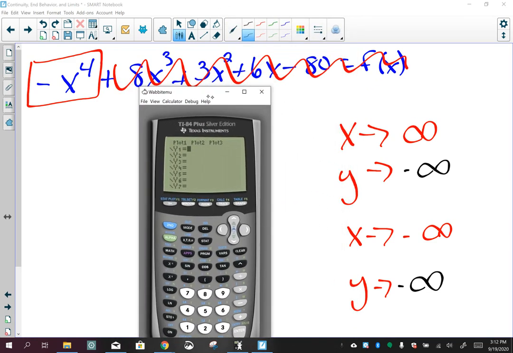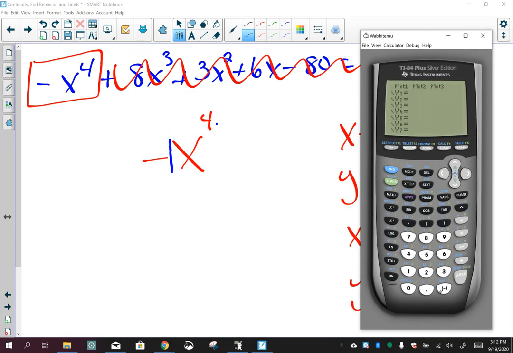So we have negative x to the fourth plus 8x to the third plus 3x squared plus 6x minus 80. And what I'm looking for are my end behavior points.